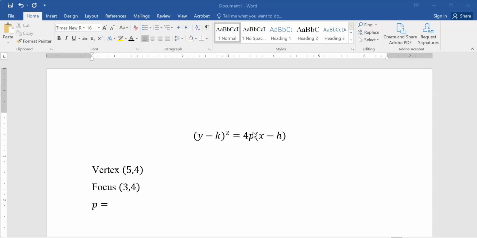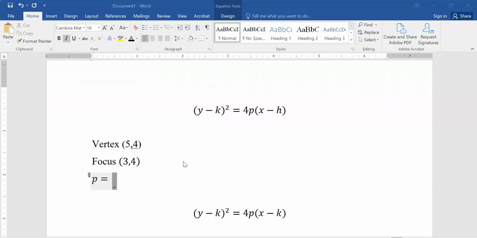Like I said, p is going to be negative because we're pointing towards the left. This is a pretty straightforward thing. The vertex is what we use for h, k. So 5, 4 is the vertex. Whoops, I messed that up. The k here is 4, and the h here is 5. So y minus 4 squared is equal to 4p times x minus 5.